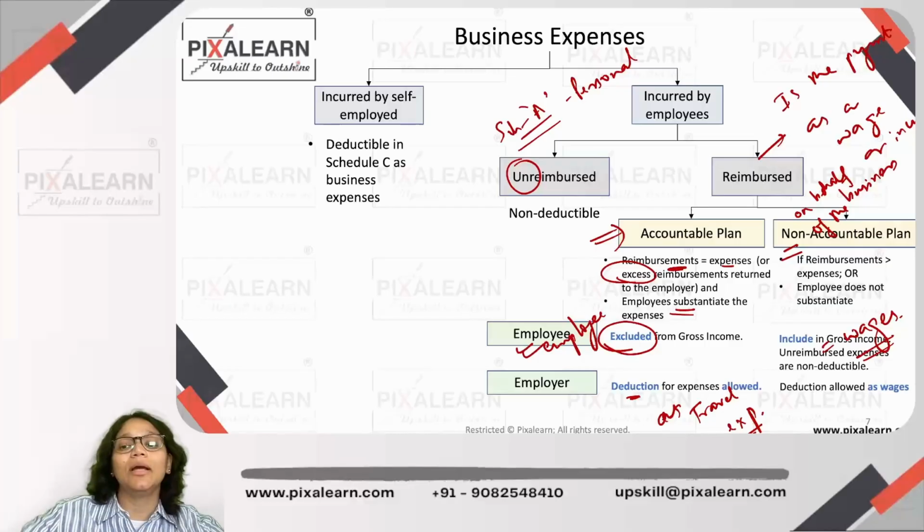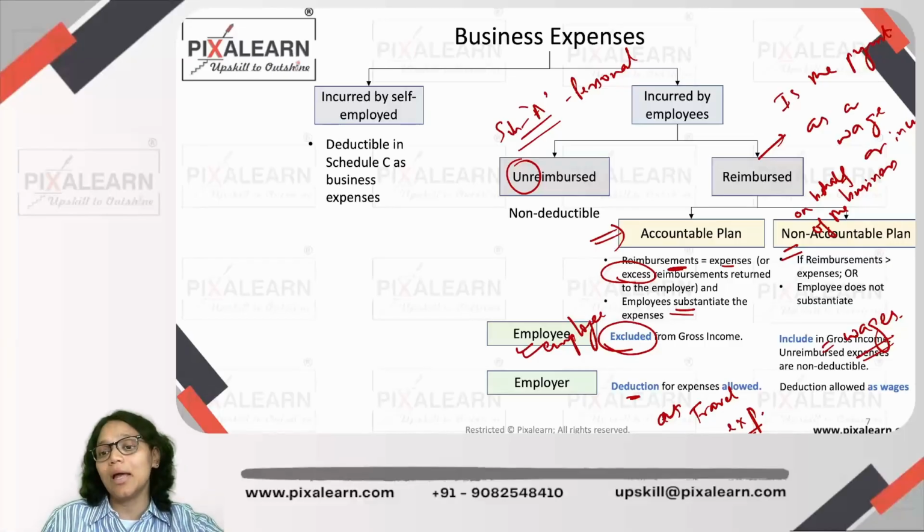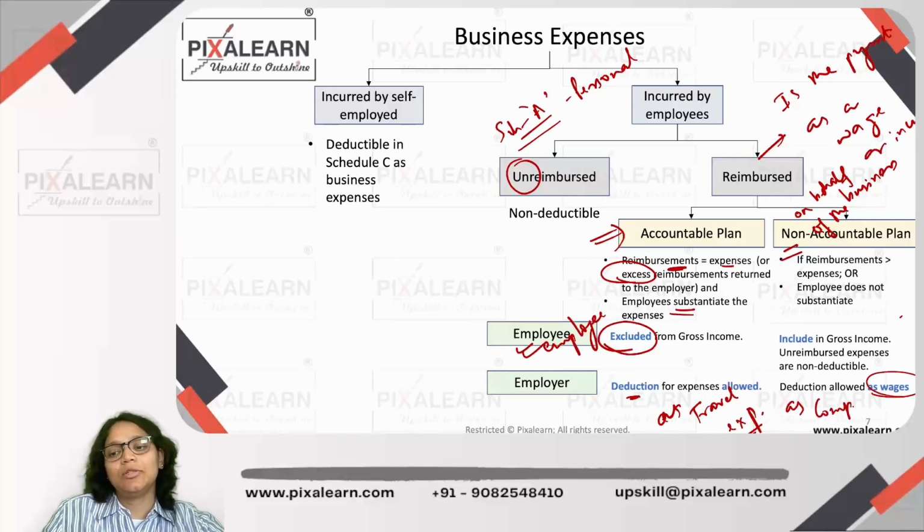On the contrary, if it's a non-accountable plan, then you do call it a compensation expense, and hence the employee has to include it as a part of his or her wages, and the employer does get a deduction, but as a compensation expense. It's like paying your employee. So this is important stuff.